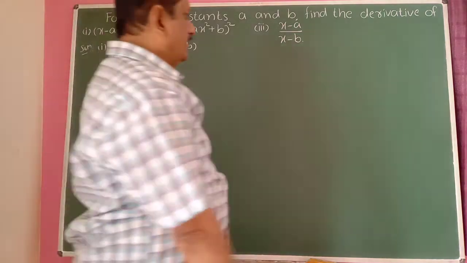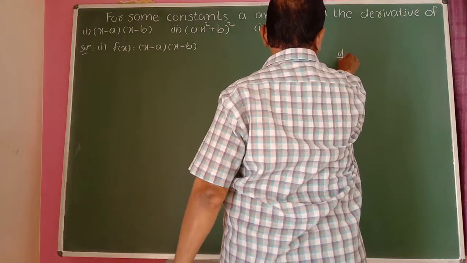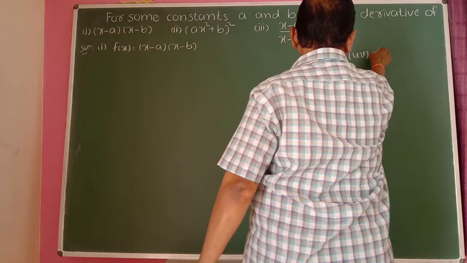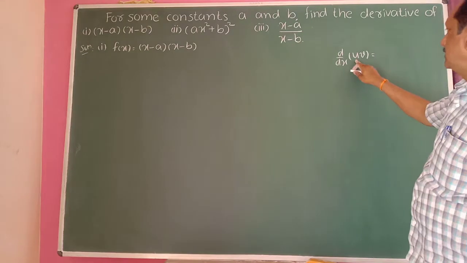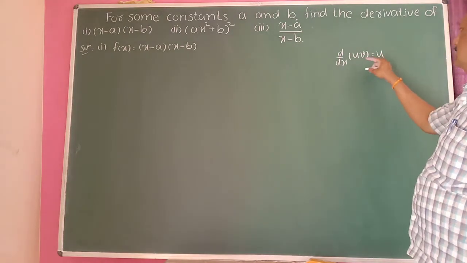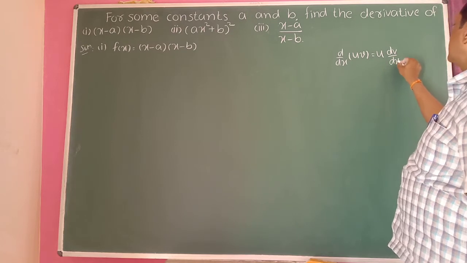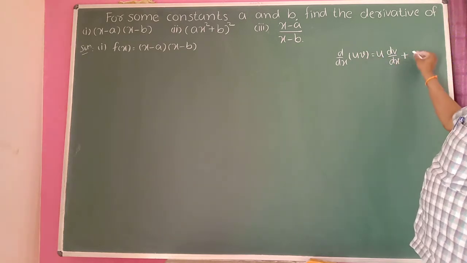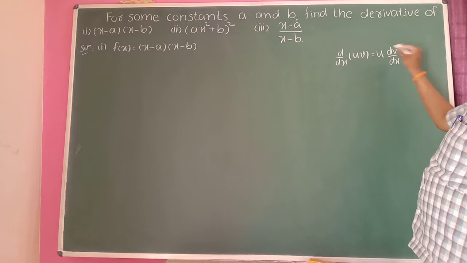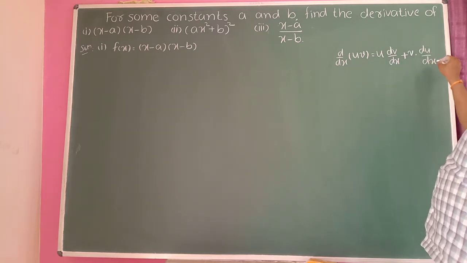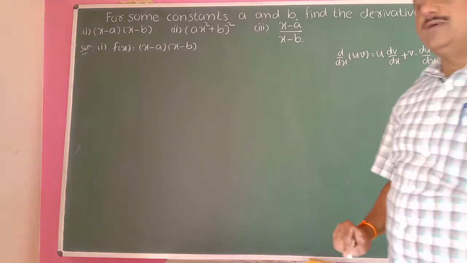You know the formula, differentiation of u into v is equal to first function u keep as it is, differentiation of second function dv by dx, plus second function we keep as it is, differentiation of first function du by dx. It is called the product formula.